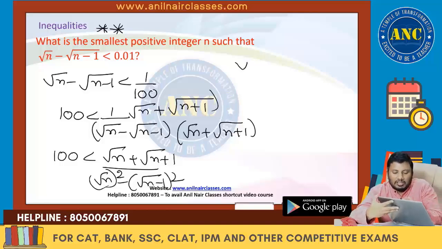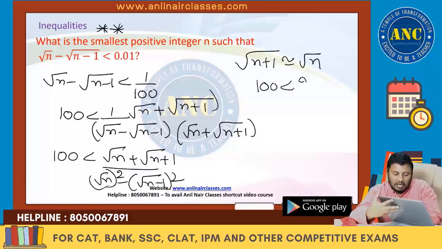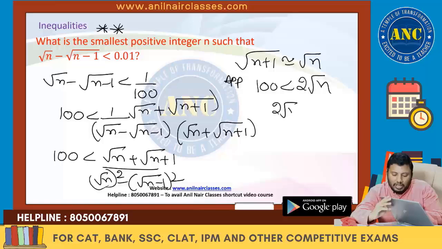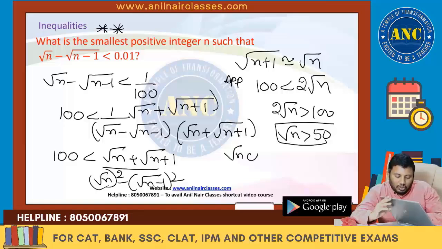Now, can I say that root n plus 1 is closer to root n? 100 is approximately less than 2 root n. So 2 root n is greater than 100, root n is greater than 50. That means root n should be closer to 50.